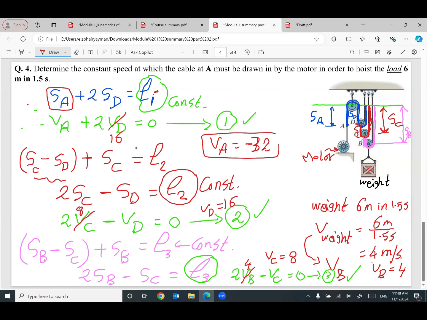Negative means VA must be downward, and that makes sense. If you would like to lift this weight up, you must move point A down by this motor. So the required velocity for A must be 32 meter per second. Does that make sense?